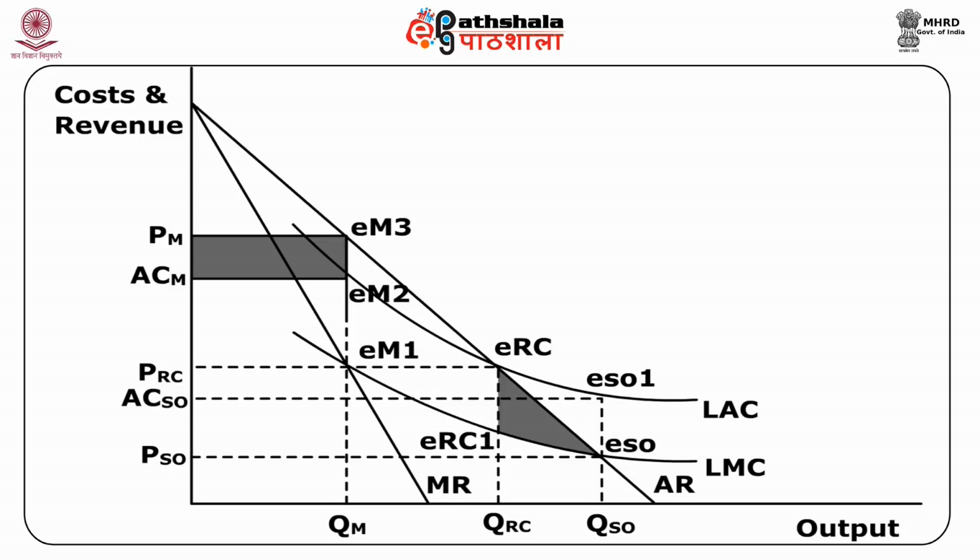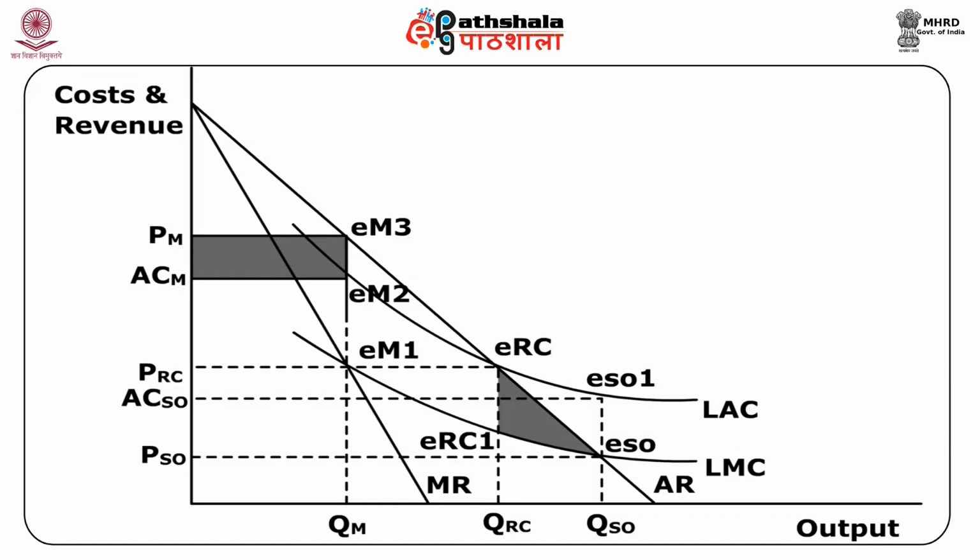PSO. This implies that the public utility would be incurring losses equal to the rectangular region ACSO, PSO, ESO, ESO1.